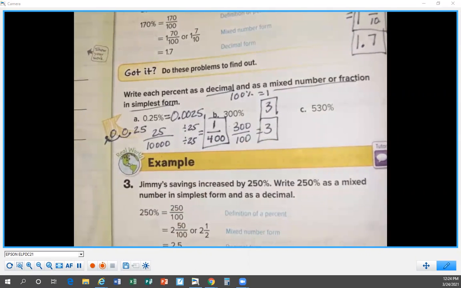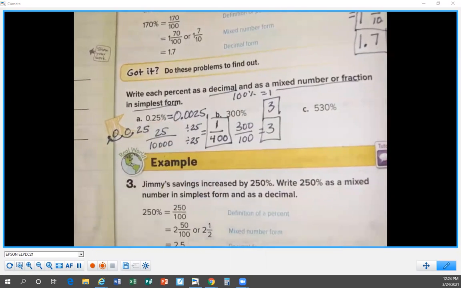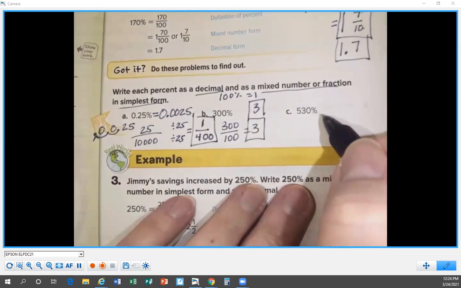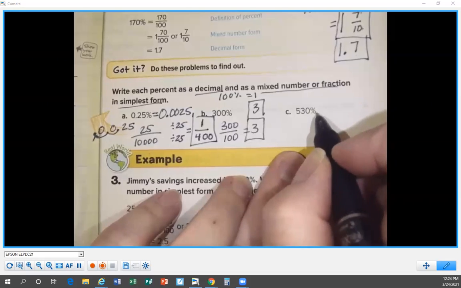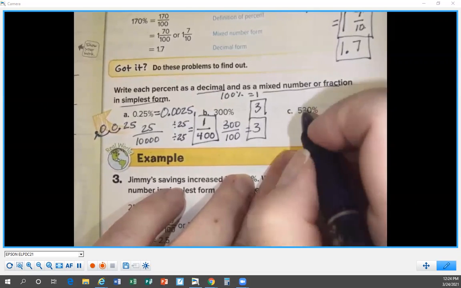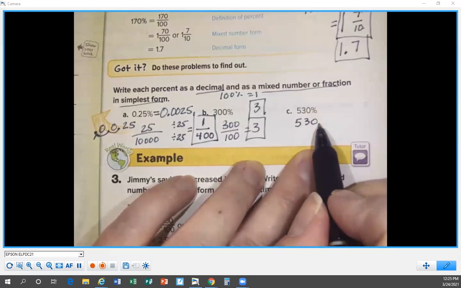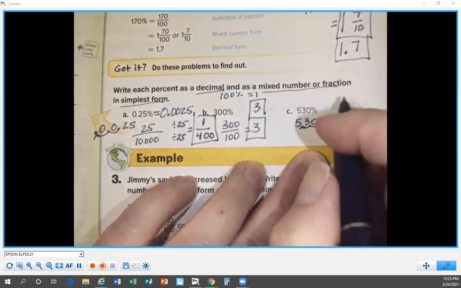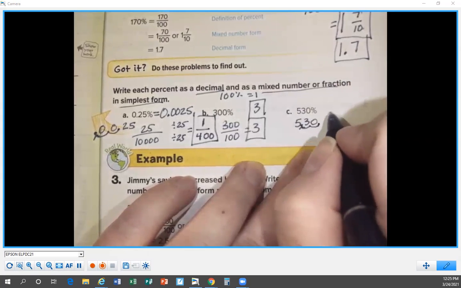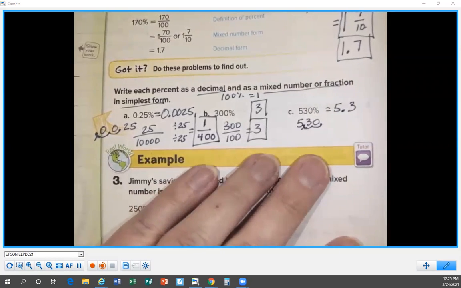Let's look at letter C. We want to write this as a decimal and then as a mixed number or fraction in simplest form. 530%. To write it as a decimal, we drop the percent sign and divide by 100. Currently our decimal is after the 0, so we divide by moving that decimal 2 places left, giving 5.3.